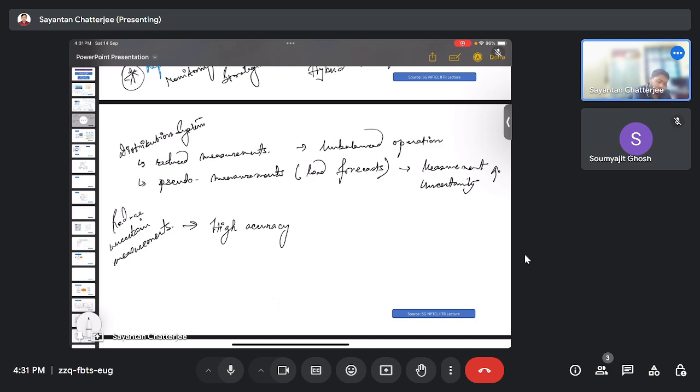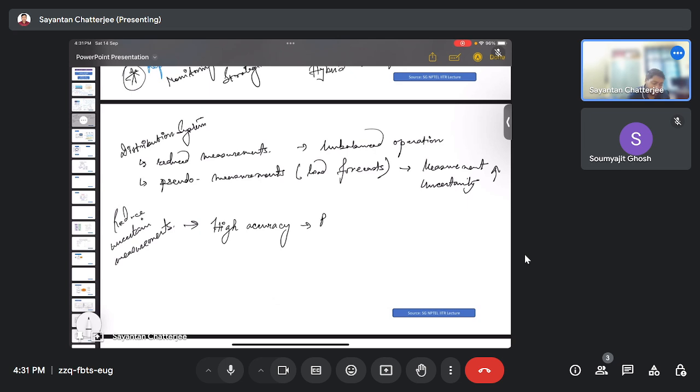To deliver this high accuracy, PMUs are GPS synchronized, and precision is very high, which means uncertainty is very low.